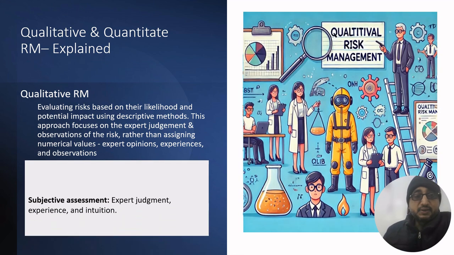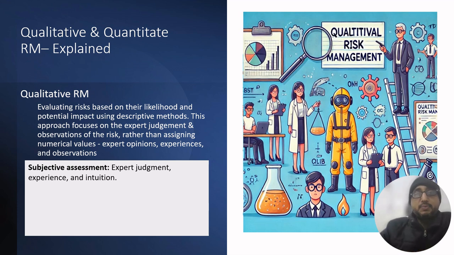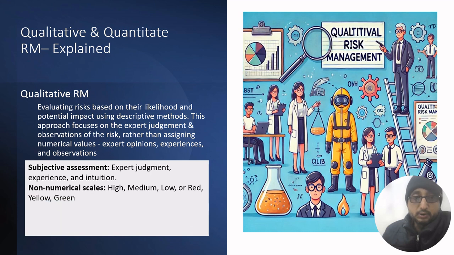Now let's further understand this idea. The qualitative method is basically a subjective assessment, as it depends on the expert's opinion and judgment. Also, it can vary as per the level or quality of the understanding of the expert. Here we use non-numerical scales, and we categorize the risk into low, medium, high, or we categorize them as red, yellow, or green.